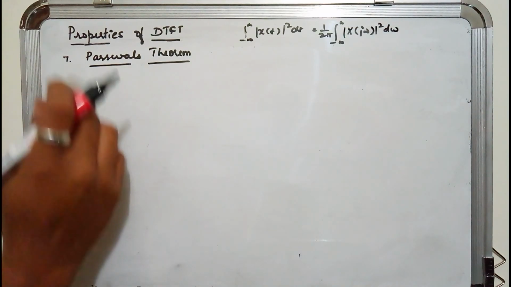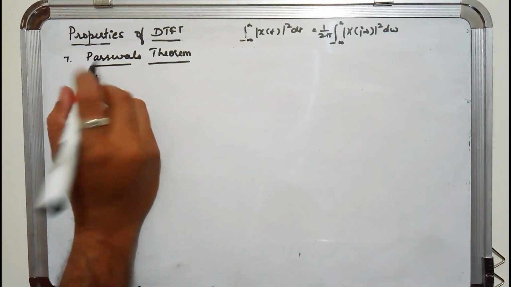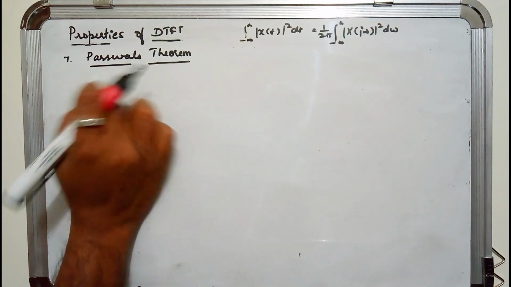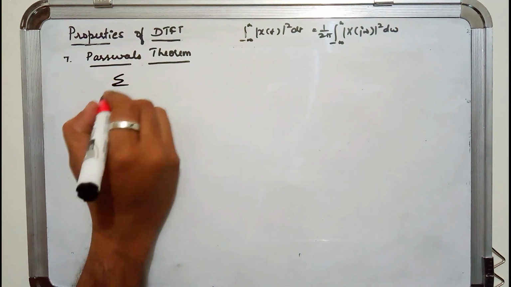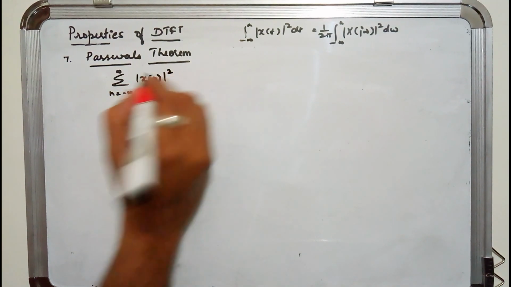In case of DTFT, it will be in summation, because the integral will be replaced by summation in case of discrete time signals. So summation n equals minus infinity to infinity |x of n|^2.